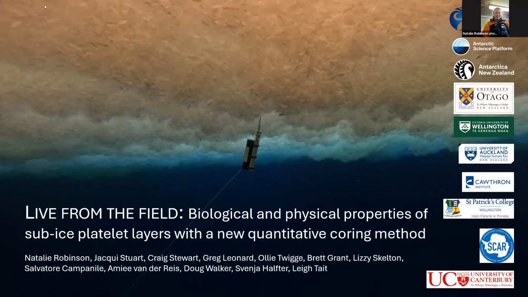But as soon as you try to extract it and the water drains out and is replaced by air, of course the density difference between the ice structure and the water and the air is sufficient that they become very fragile and disintegrate. But hopefully you get the idea that we have quite a unique habitat here.